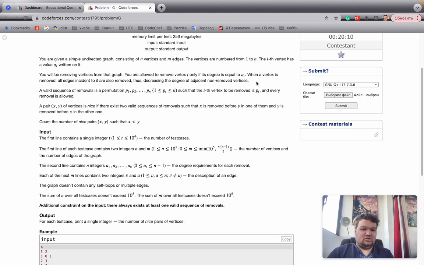It is a valid action, always. So to find some order of removals, we just do each action as soon as it is allowed, and break ties in some way.